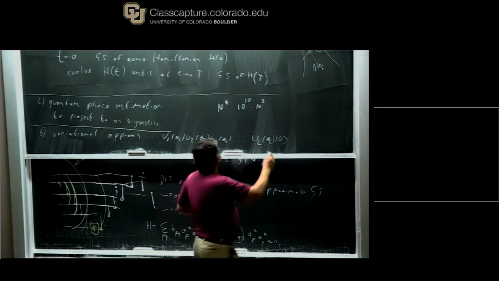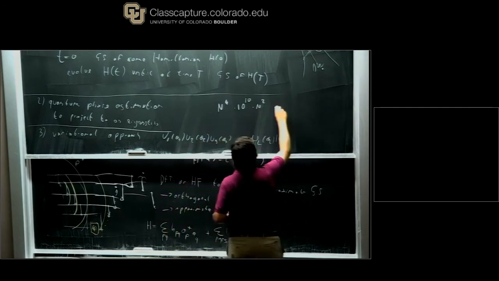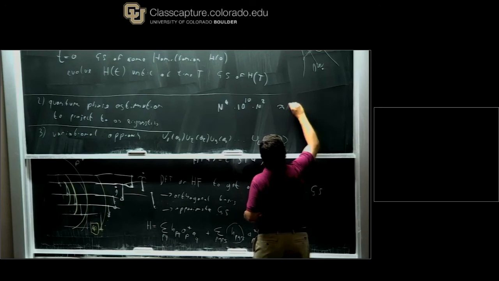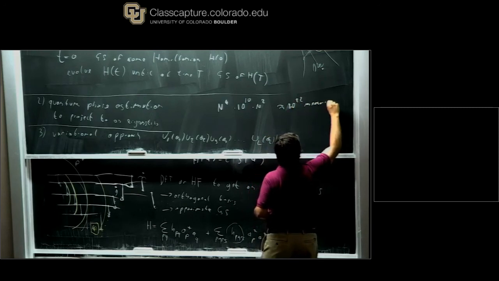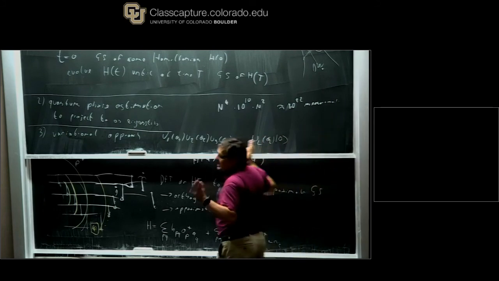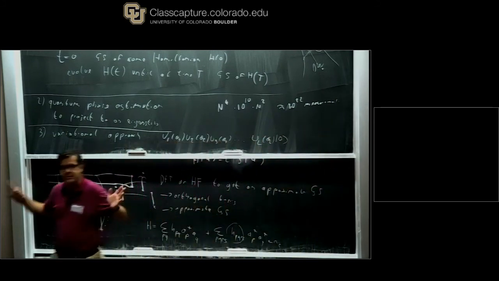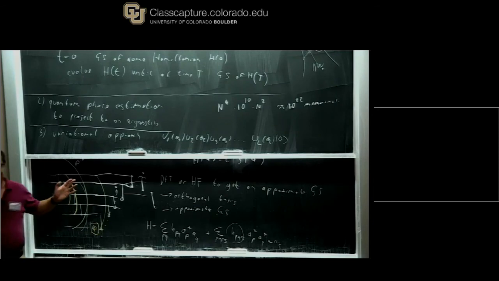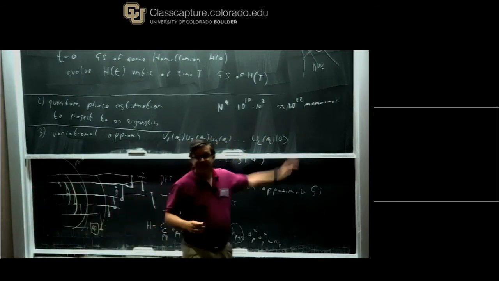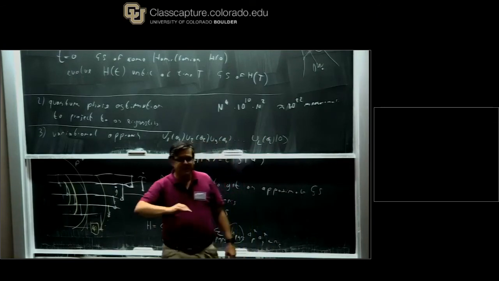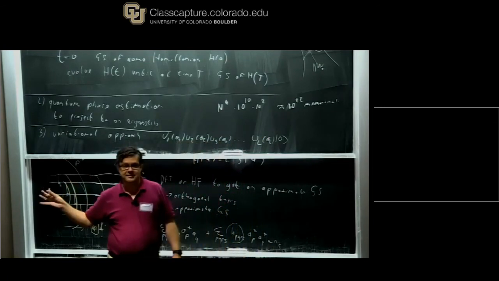If I plug in n of about 100, that's about 10 to the 22 measurements. It's probably an upper bound. Probably it's only like 10 to the 12 or so. But this is for each step in the optimization. You have to run that algorithm and prepare 10 to the some huge number of states.